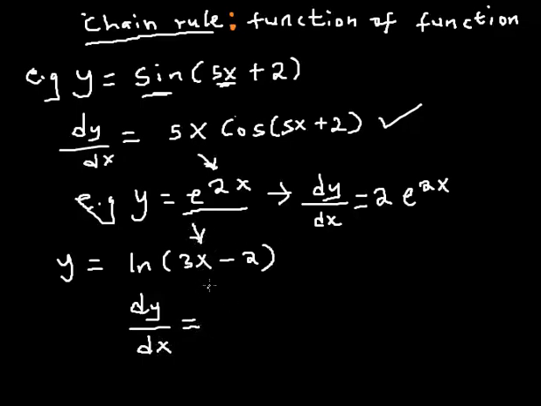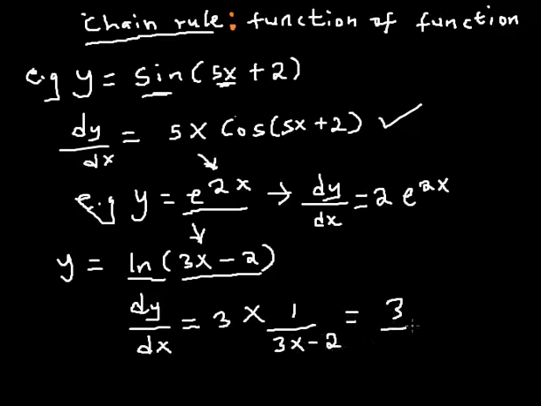The derivative of 3x minus 2 gives me 3. Then of course times the derivative of ln of the entire function. Remember, the derivative of ln is always 1 all over, that's going to be 1 all over 3x minus 2. Which of course is going to give me 3 divided by 3x minus 2.